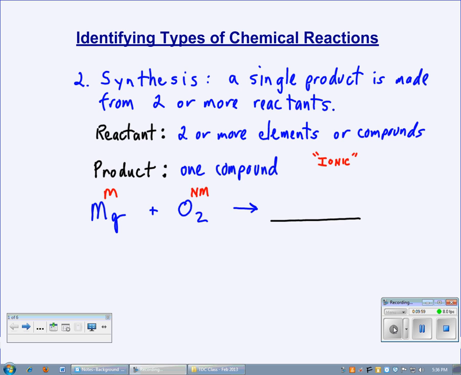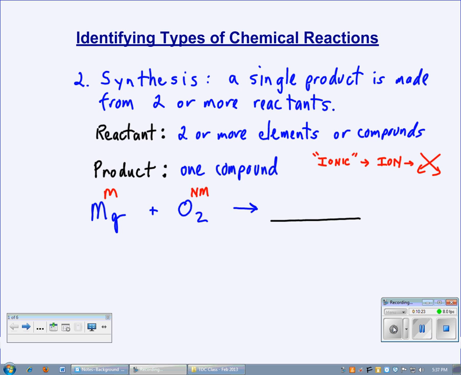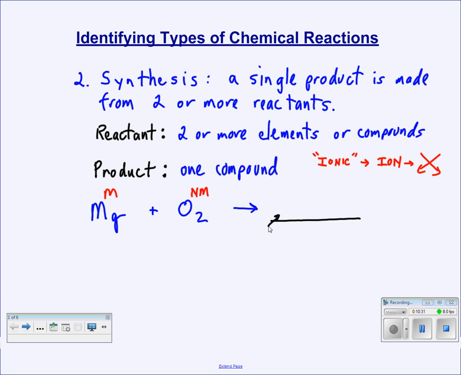And if it was ionic, the next part of the dance is you write the ions, the ion that magnesium would form, the ion that oxygen would form, and then you use what we call the crisscross method to determine the subscripts in the formula for that product between magnesium ion and oxygen ion. Usually we do that off to the side. If you remember, we could leave this nice space here for our product.